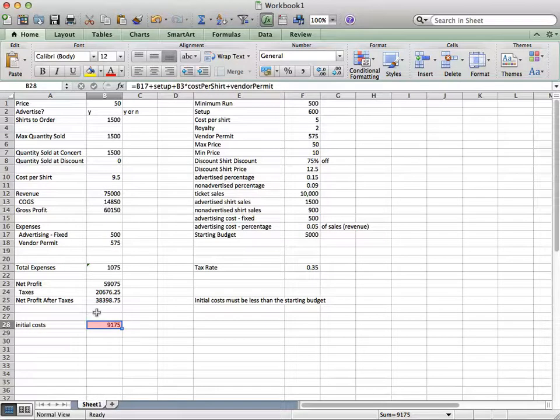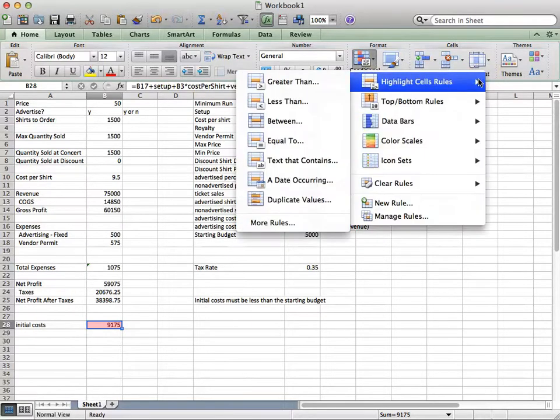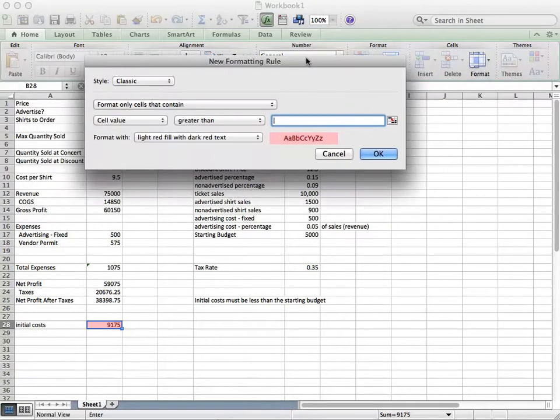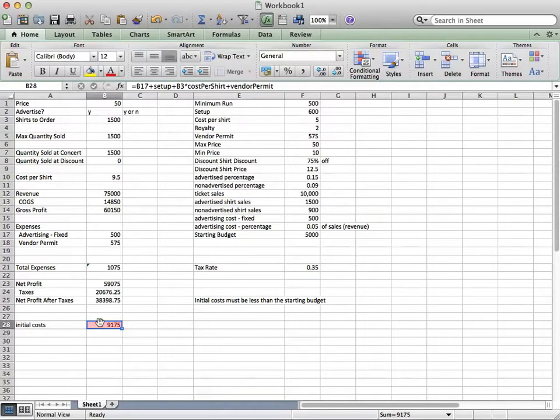And I put a conditional formatting on it. You do that by going to the Home tab and going into formatting. Under conditional formatting, I can tell it to highlight the cell if the cell is greater than something. So right now I already have one on here that says if this cell is greater than the starting budget, then turn it red.